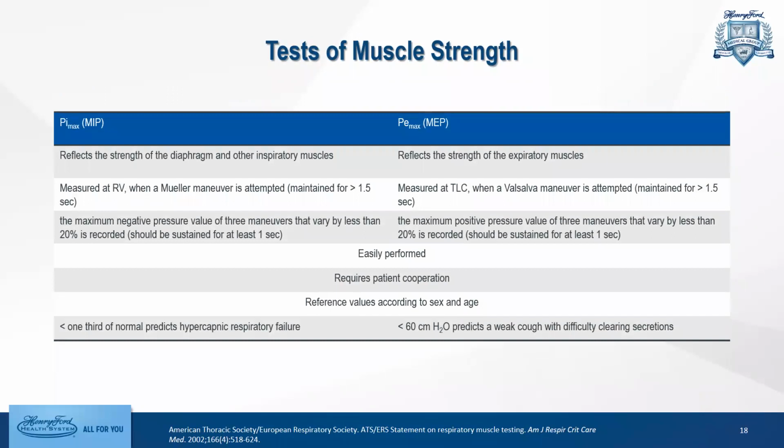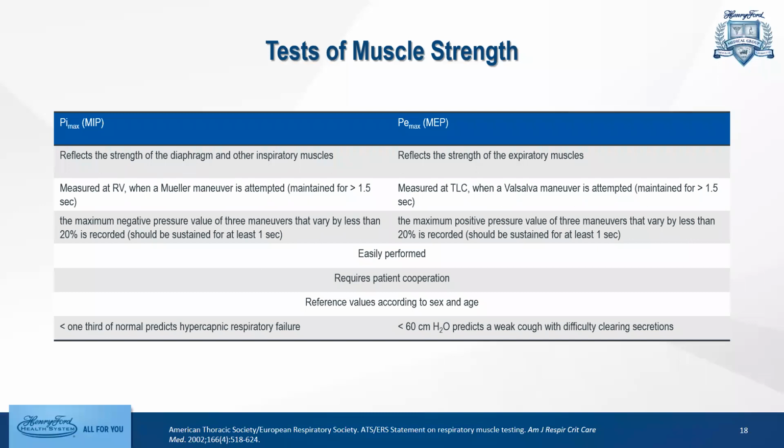At residual volume, you ask the patient to blow out everything that they have breathed in, and then you ask them to do a Mueller maneuver, which is like taking a deep breath against a closed glottis. They maintain that for over 1.5 seconds. Then the maximum negative pressures are recorded from three to 5 maneuvers, depending on the lab, that vary by less than 20%. You record the highest value.